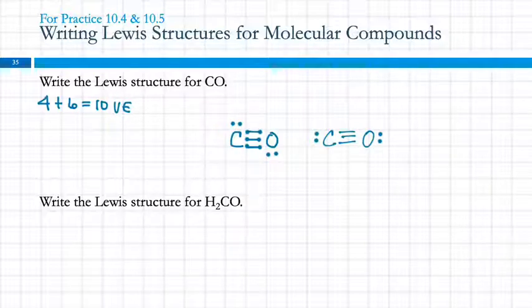Let's do H2CO. So this one's a little more complicated. So first thing is we have to decide, well, how are we going to connect these things? Well, hydrogen can't be in the middle. So how about we put carbon in the middle? There's carbon, and we'll stick a hydrogen over here. And there's going to be something else bonded to the carbon.